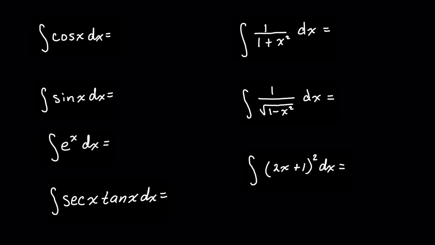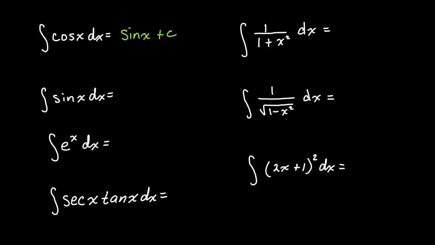All right, so now breaking off of just your x to the n derivatives, let's think about some of our other antiderivatives. The antiderivative of cosine of x would be sine of x plus c, because the derivative of sine is cosine.